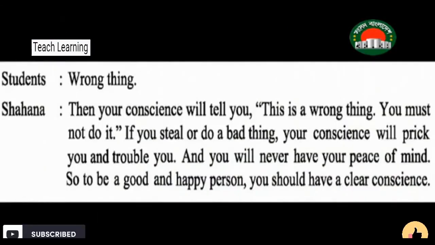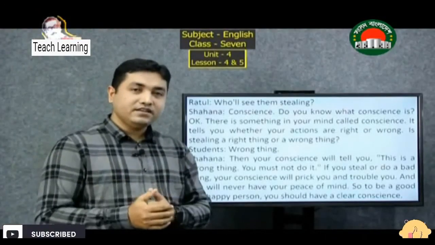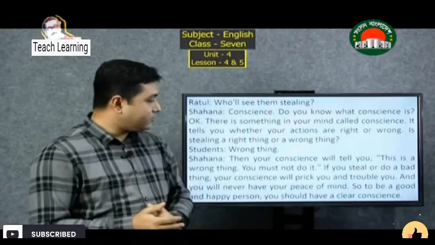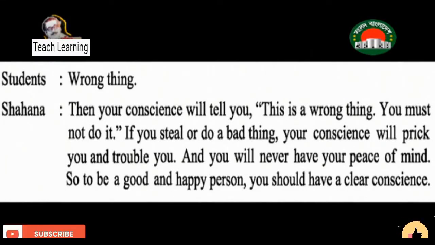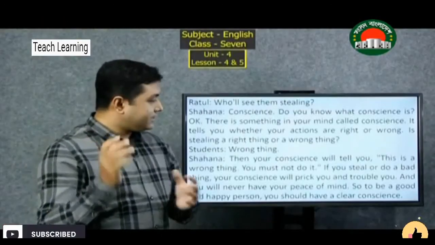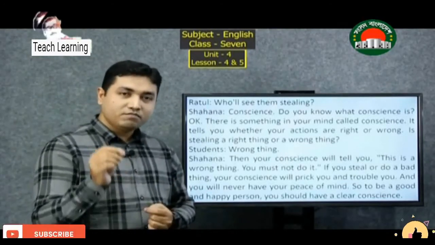Then your conscience will tell you that this is a wrong thing, you must not do it. If you steal or do a bad thing, your conscience will prick you.